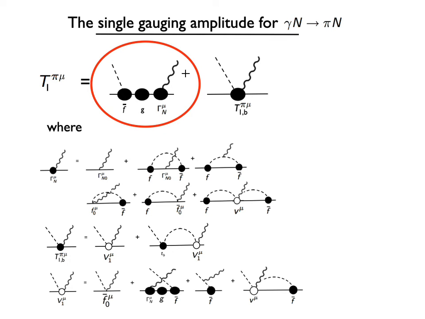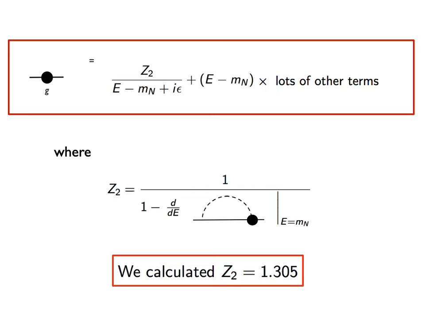The part of T1 that has this pole is the first diagram, and in particular the blob in the middle of it, which is called the dressed nucleon propagator. To make it clear that the dressed propagator has this pole, the diagrams that make it up can be rewritten into this form. When the energy E is equal to the nucleon mass Mn, the first term blows up and the rest go to zero.